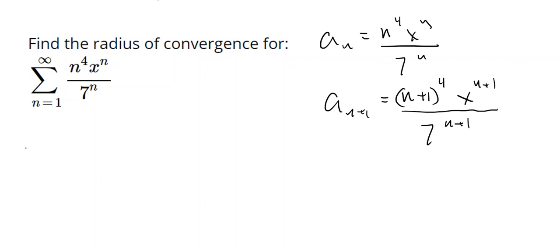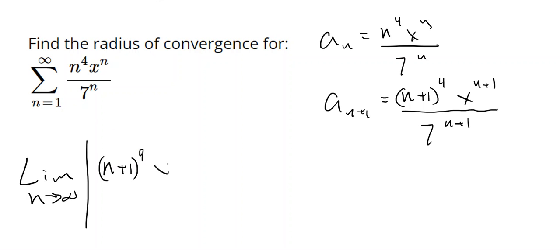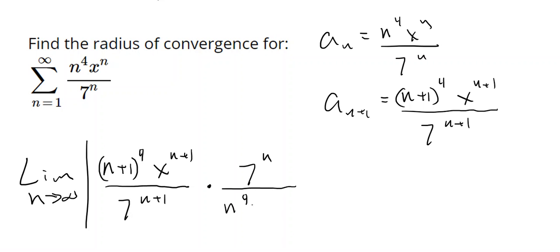So let's find the limit as n approaches infinity of the absolute value of n plus 1 to the fourth, x to the n plus 1, divided by 7 to the n plus 1, divided by a sub n, or multiplied by its reciprocal. Let's just go right to multiplying by the reciprocal. And that would look like this.